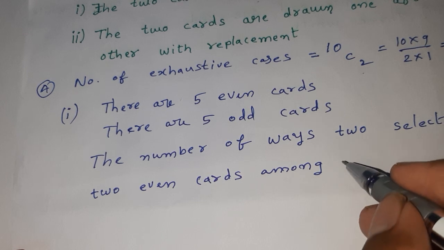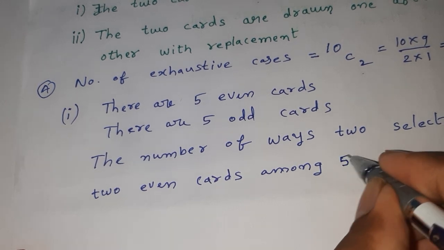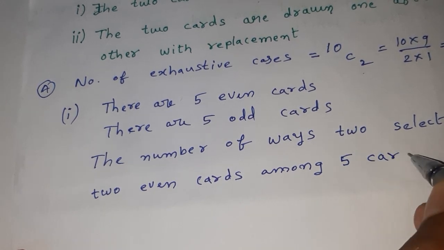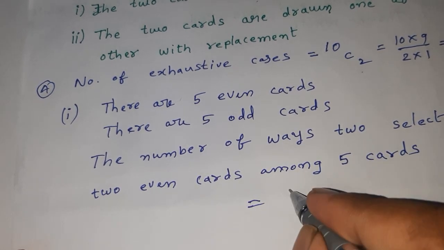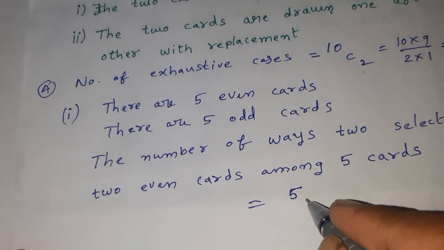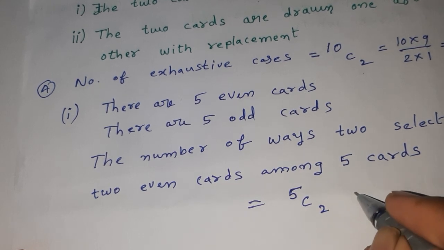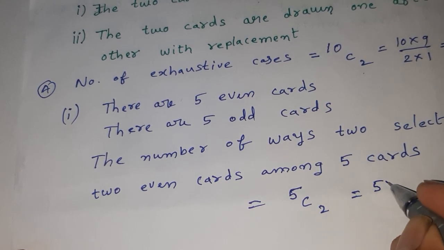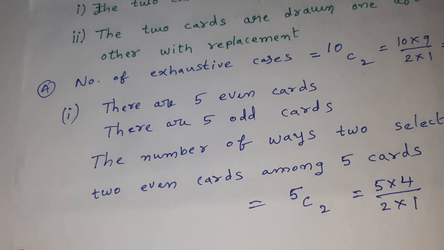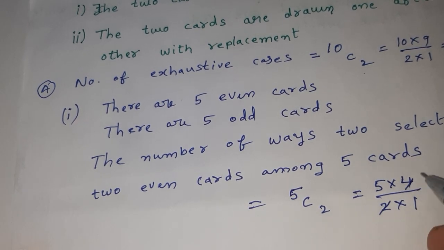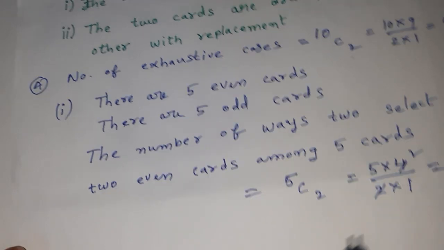Therefore, we have to select among these 5 chords. Therefore, 5C2. From 5 even chords, we are selecting 2 even chords. Therefore, 5 into 4 by 2 into 1. 2 times cancels, 10.